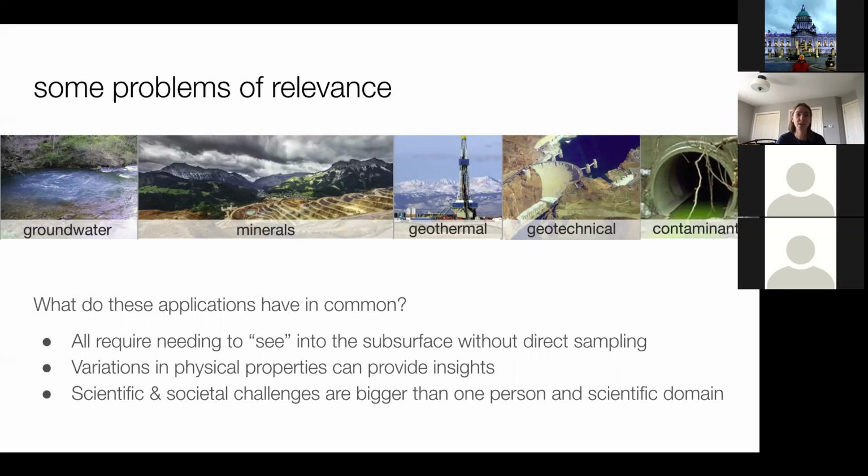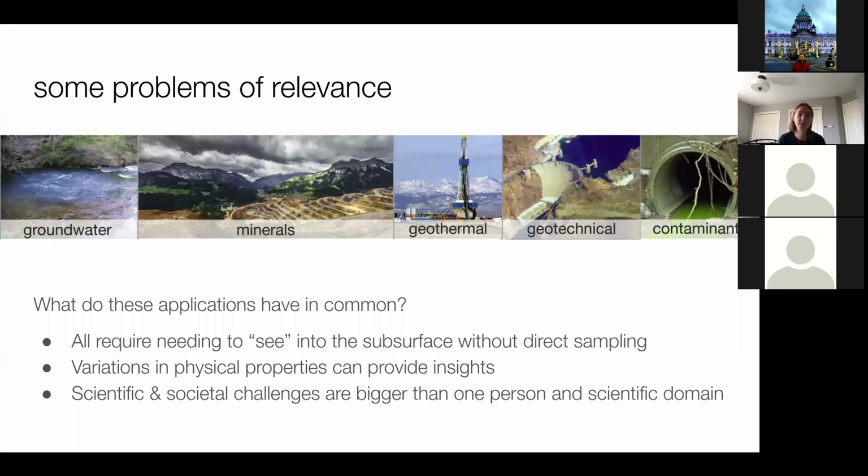In this case, we focused on electrical resistivity, but we've got other examples where density and other properties like magnetic susceptibility are particularly important. But looking at a bit of the bigger picture, when we look at challenges like groundwater, natural resources, tracking contaminants, and our impact on the earth and on the subsurface, each of these questions and the challenges that we're trying to solve are much bigger than any one person and even any one scientific domain.